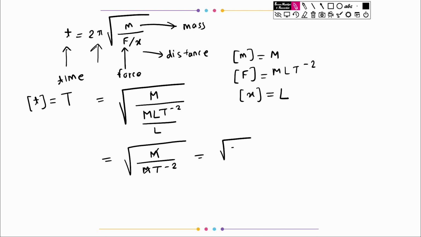What remains is T square, whose square root is T. So we can see on the left hand side we are getting dimension T, and on the right hand side also we are getting the dimension T. So we can say the equation is correct as far as the dimensions are concerned.